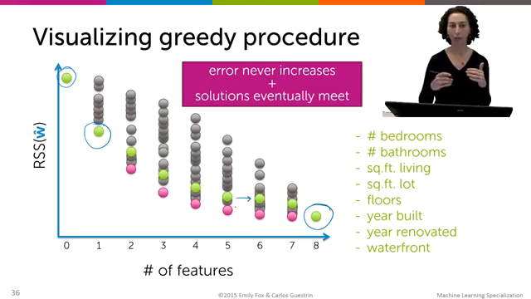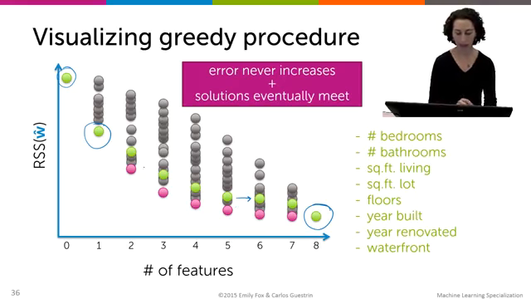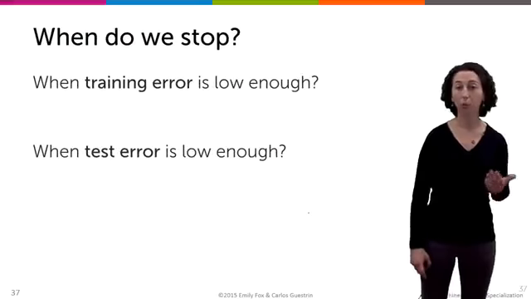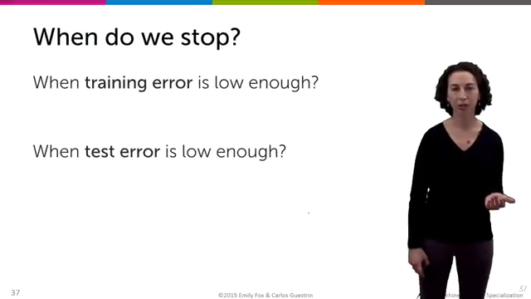So we know that training error will never increase, and the other thing is that eventually the training error will be equivalent to that of all subsets when you're using all of your features, and perhaps before that as well.